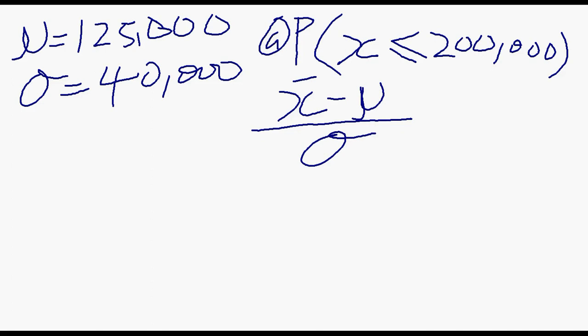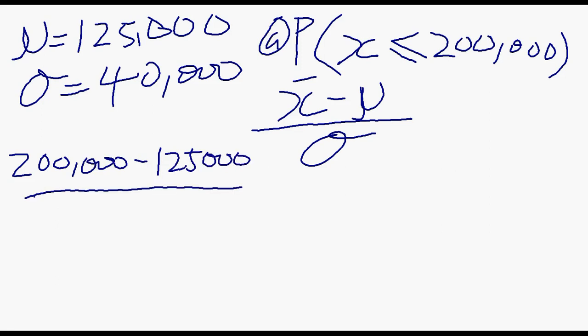So 200,000 minus 125,000, all over 40,000.